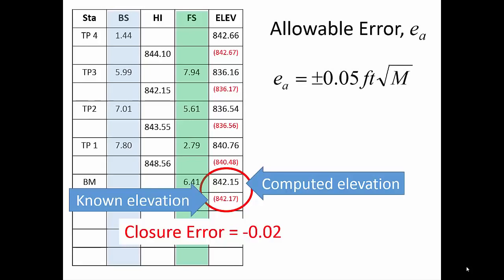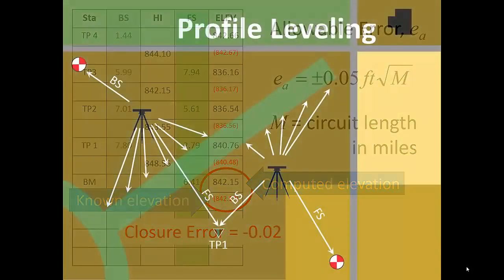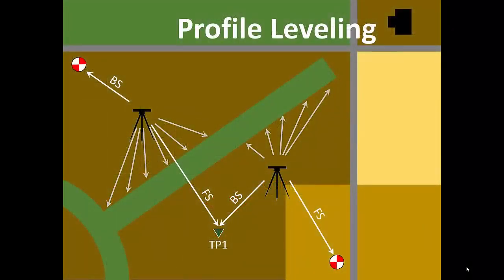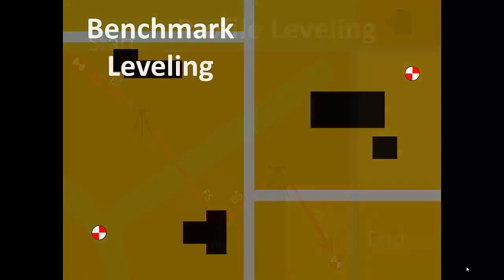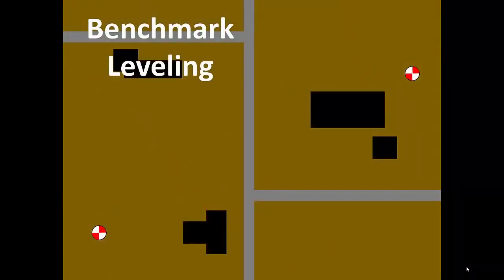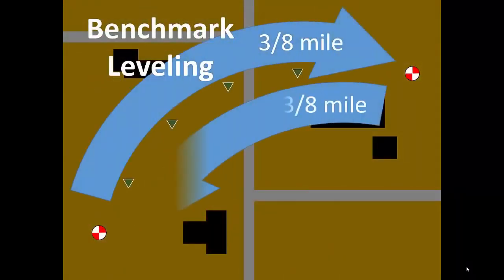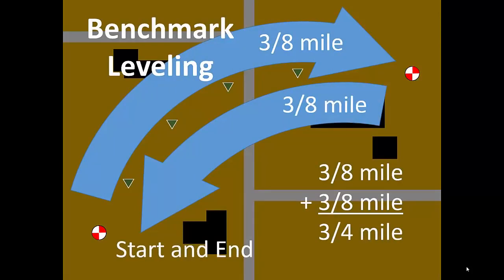The allowable error depends on the horizontal length of the circuit from the starting benchmark through each turning point to the ending benchmark. For example, consider a closed loop circuit that is 3/4 mile long from beginning to end.